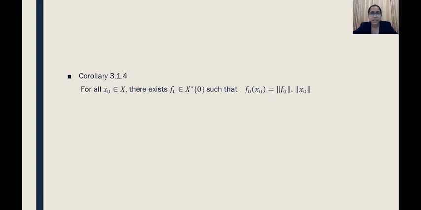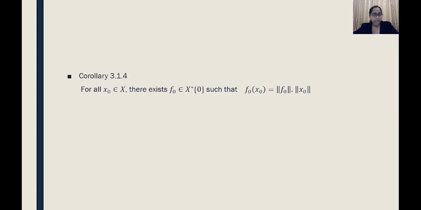That is, for any element in the space x we can find a linear functional which is not 0 such that that linear functional acting on a given element is equal to the norm of the linear functional into the norm of the element.